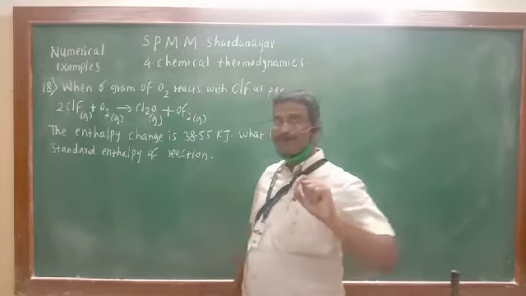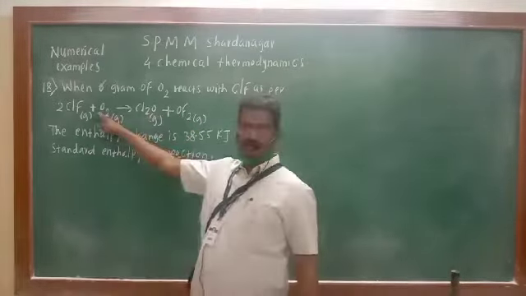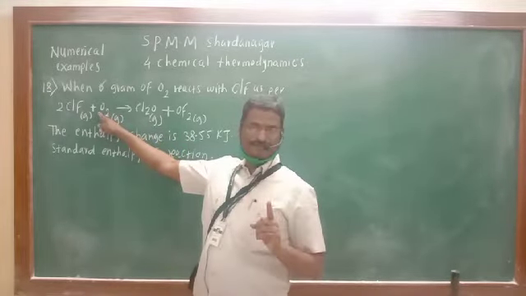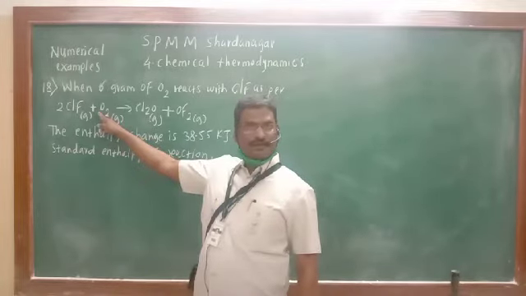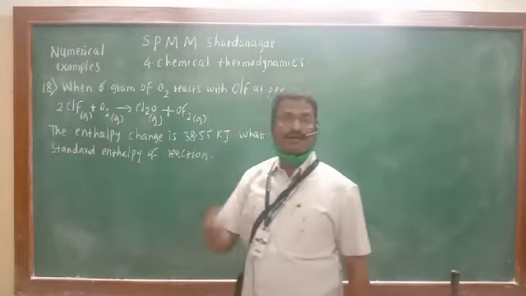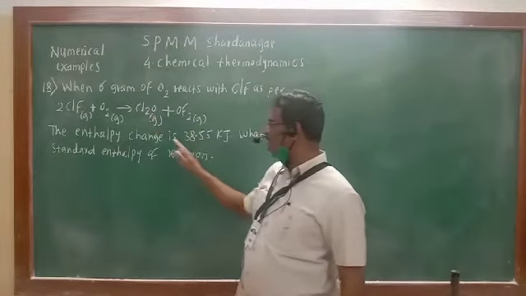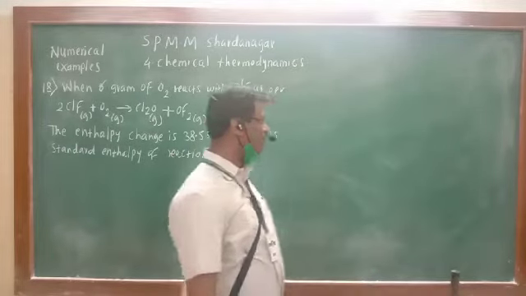How much gram of oxygen is actually involved in this reaction? 1 mole, means how many grams? 32 grams. For 32 grams of oxygen involved, we have to calculate the enthalpy change. For 6 gram of oxygen, they have given this enthalpy change. So it is very simple to calculate.